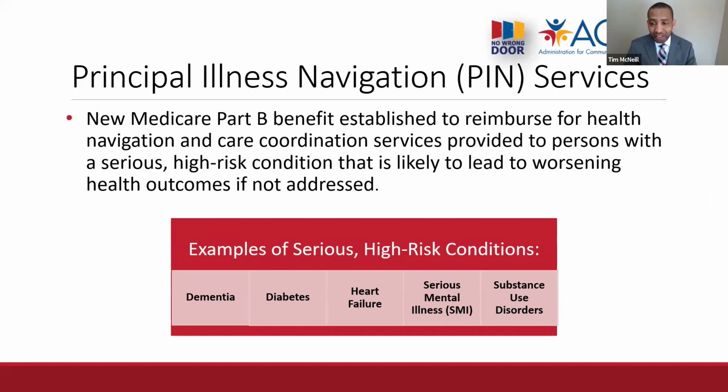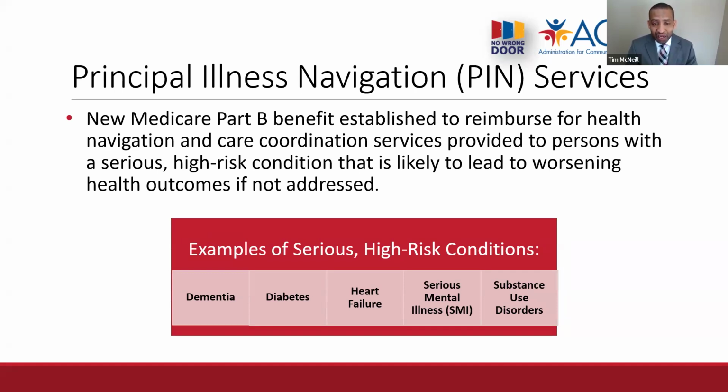Principal illness navigation is another set of care management codes that were created in the calendar year 2024 physician fee schedule. It is also a Part B benefit. But unlike community health integration, which was specific to addressing social needs, principal illness navigation is specifically for addressing the navigation needs and care coordination for persons who have a serious high-risk condition, independent of a social need.